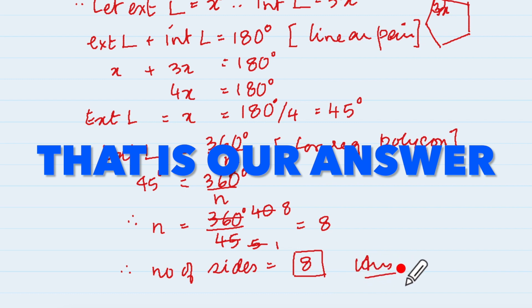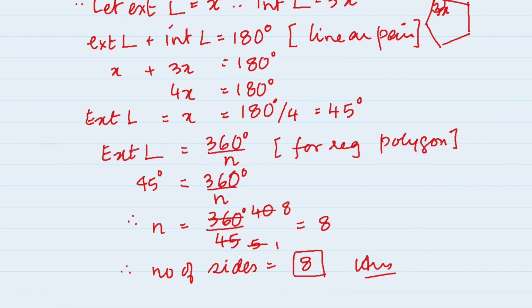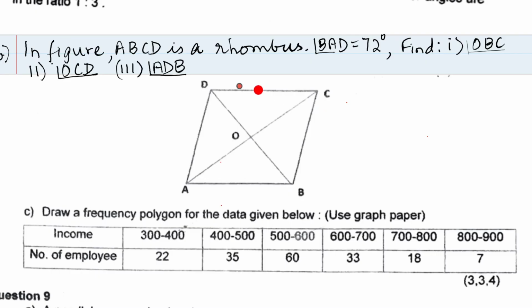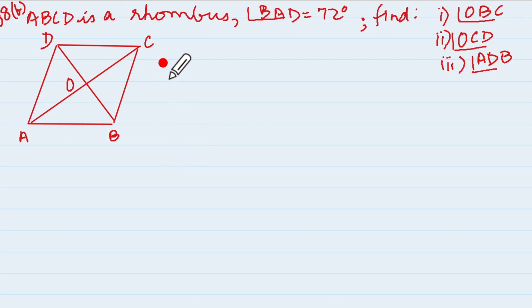Is it easy? Remember to know all your formulas by heart. Okay. Now we come to B. In figure ABCD is a rhombus and BAD is 72. So BAD is 72, and you have to find OBC, OCD and ADB. We'll need to draw the diagram.